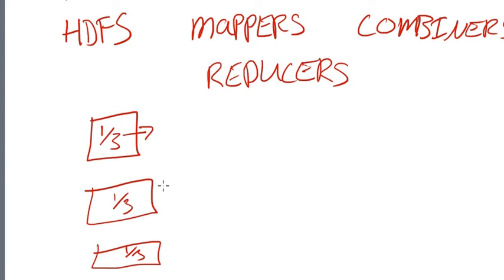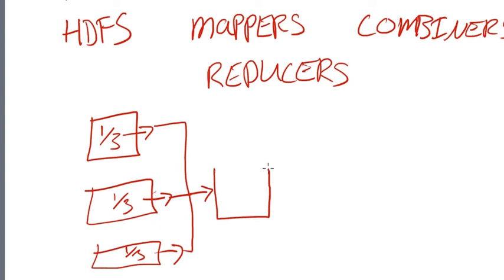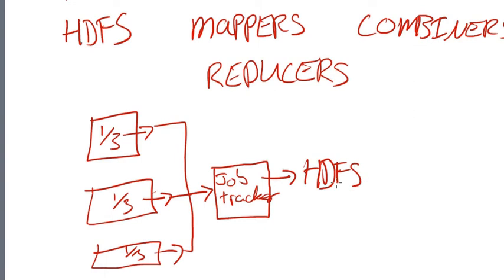And if we aggregate all these file systems together and load the list of files into one server, which we'll call the job tracker, we get basically our Hadoop distributed file system.